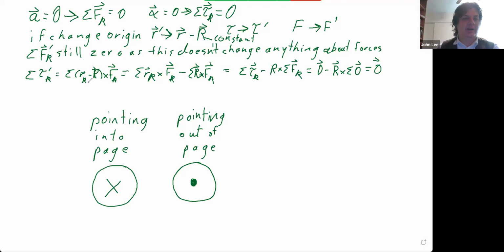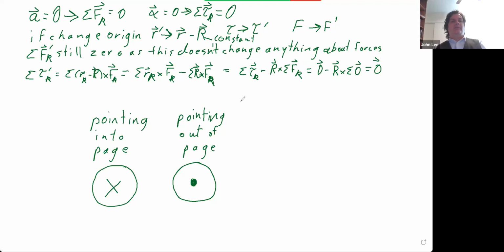So tau prime equals the sum of Rk minus big R cross Fk, and we can break that up into the sum of Rk cross Fk minus big R cross the sum of Fk. The first term is just your initial sum of torques, and the second term has a constant outside, so we can remove it from the summation because it's a constant cross the sum of all forces in K.